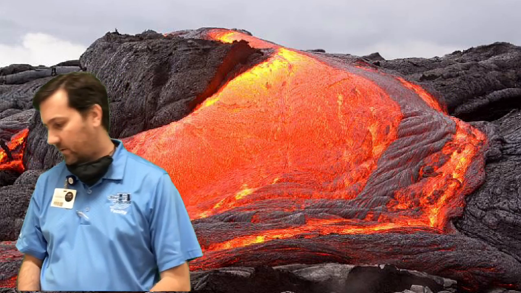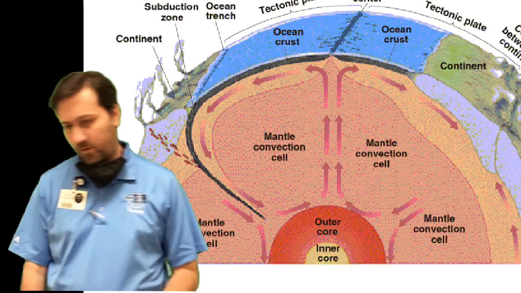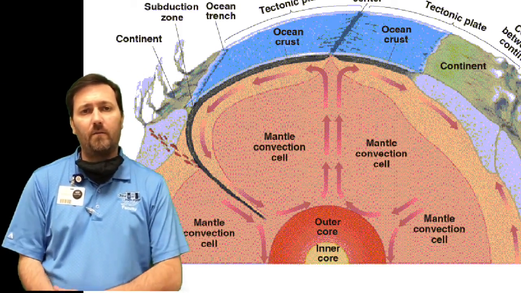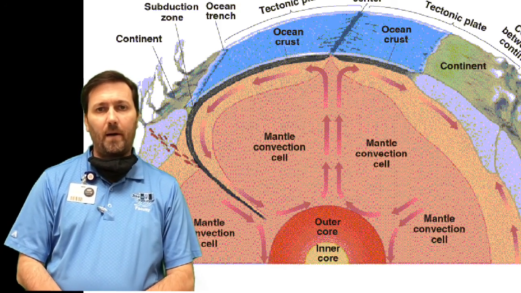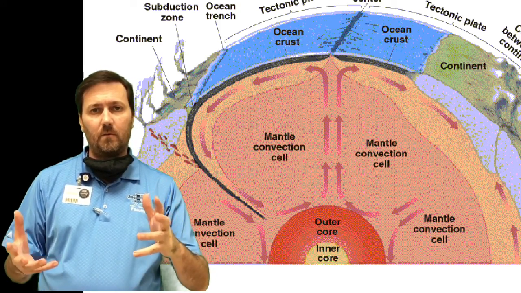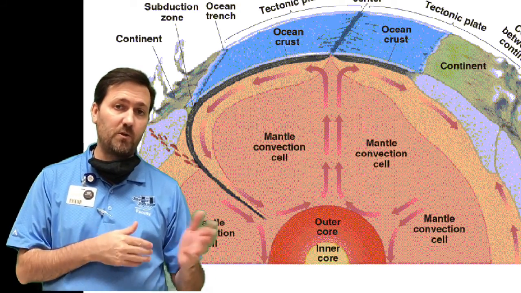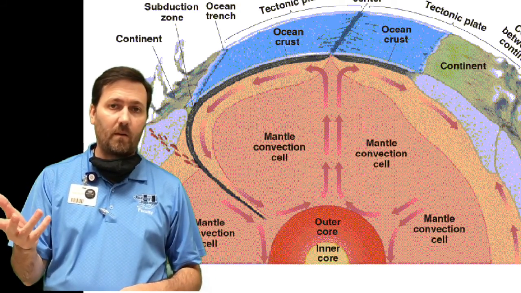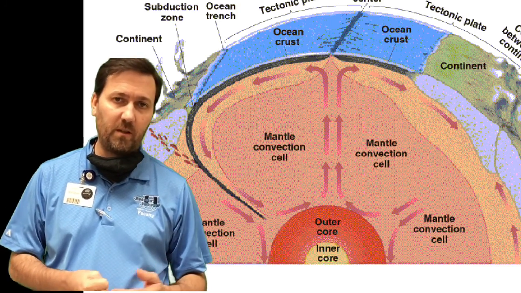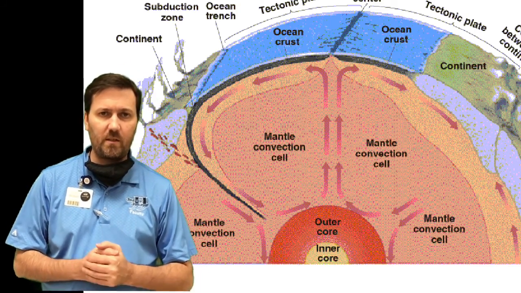I'm going to give you a brief rundown of where they occur, but we talked about subduction zones and seafloor spreading, the mid-ocean ridge, the plate tectonic boundaries. We talked a little bit about that before, and we're in a little more detail now.